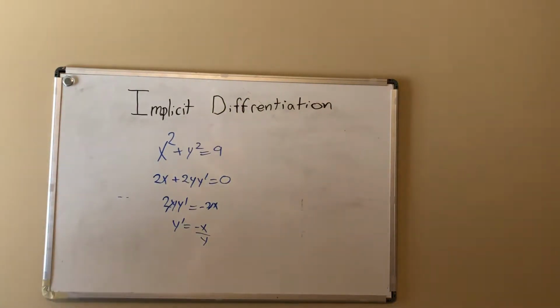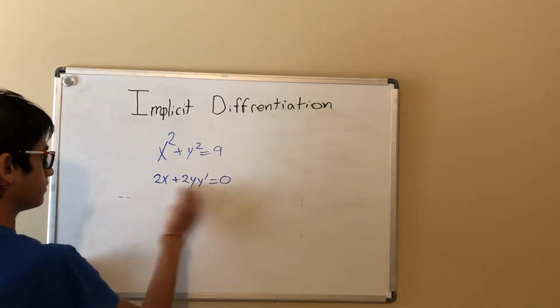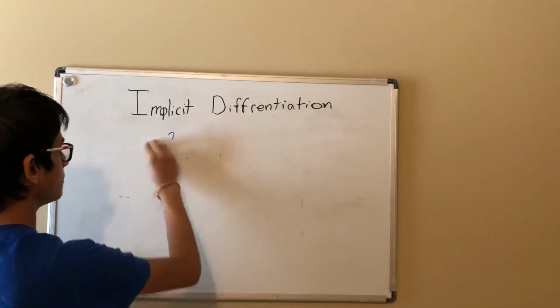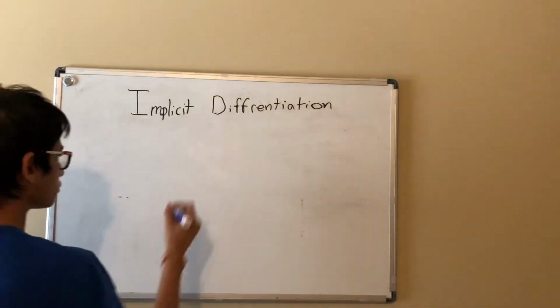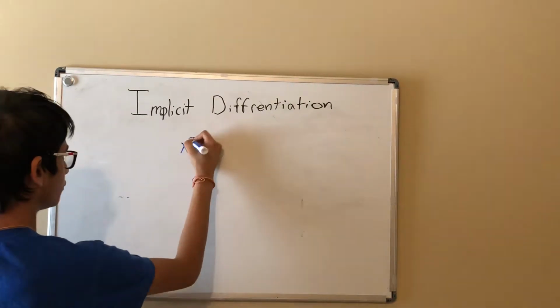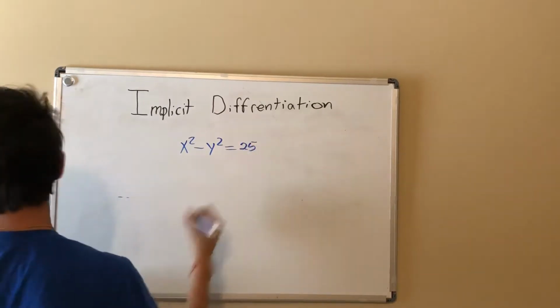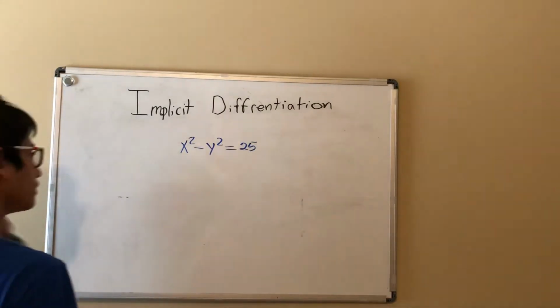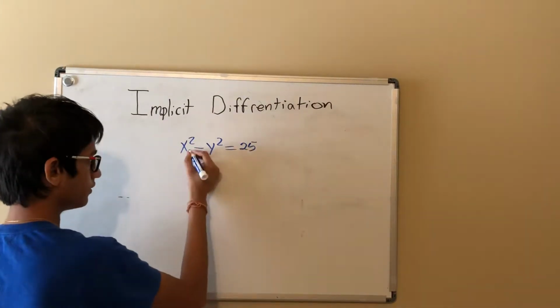So moving on to the next question. It's x squared minus y squared equals 25. Again, we're on page 145, problem 2.